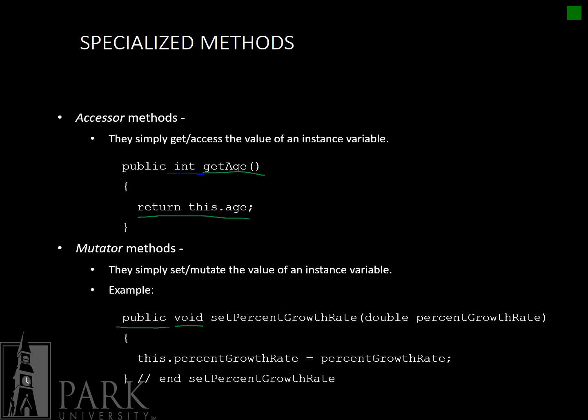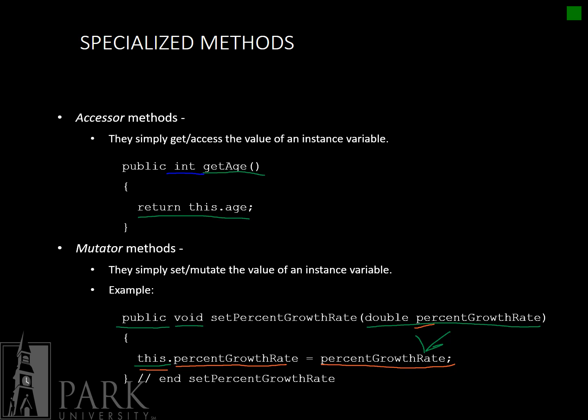Down here we have setPercentGrowth, and we're passing in a value. We're passing in this double percentGrowth. And remember, this is the context. It says this object, we are going to set its percent growth rate to whatever was passed in, right? Notice, and this can be confusing, that these variable names are the same. And that's fine as long as we're using this prefix to denote that we are modifying the variable that belongs to the object.